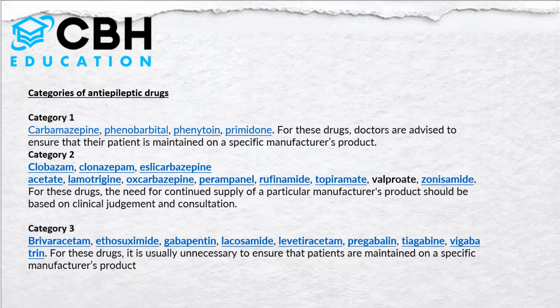This is obviously initiated by a specialist and carried on in primary care. Some of the issues you get is patients being started on carbamazepine, for example, and you haven't got a dose, you haven't got a formulation, and you haven't got a brand. In community pharmacy it is essential that if you've got an epileptic patient taking those 4 medications, they are on a brand.